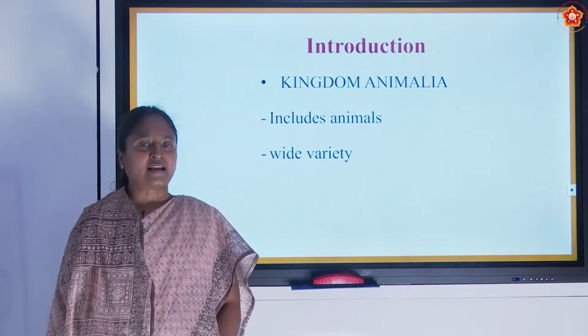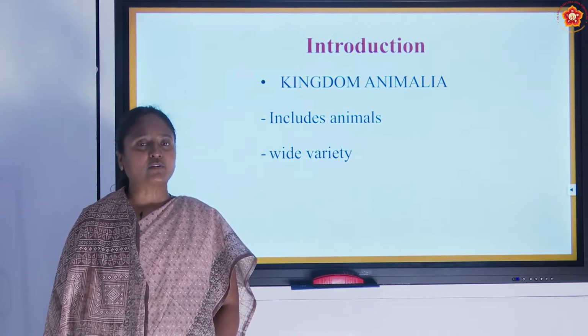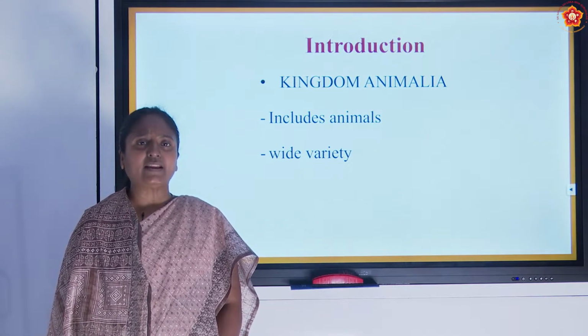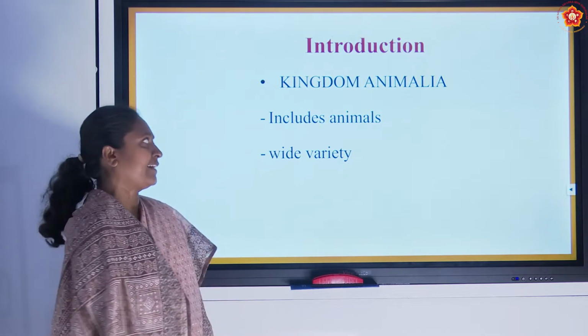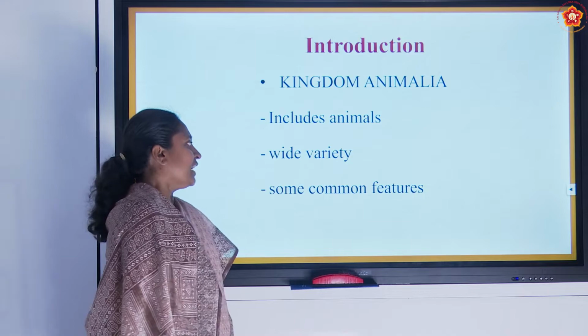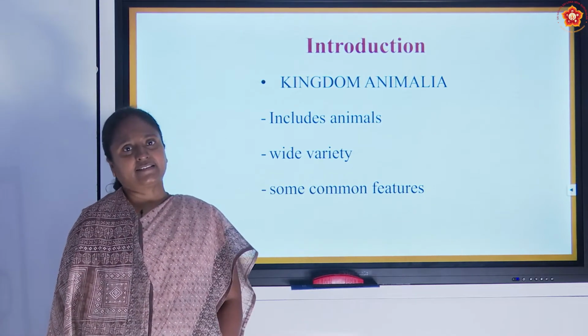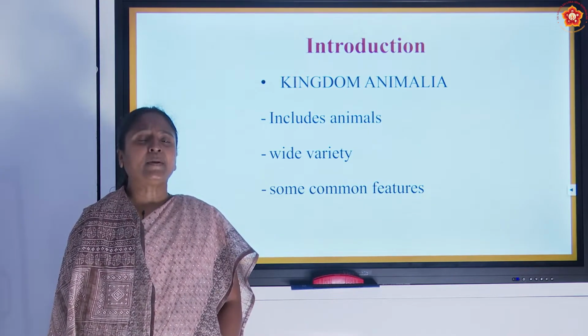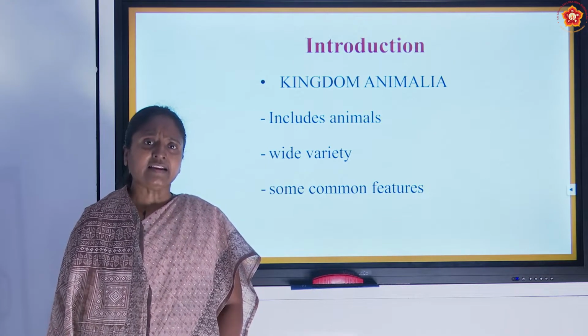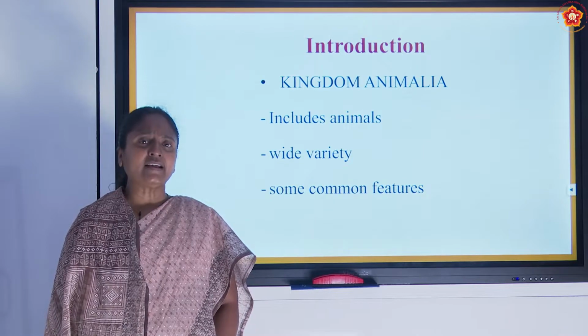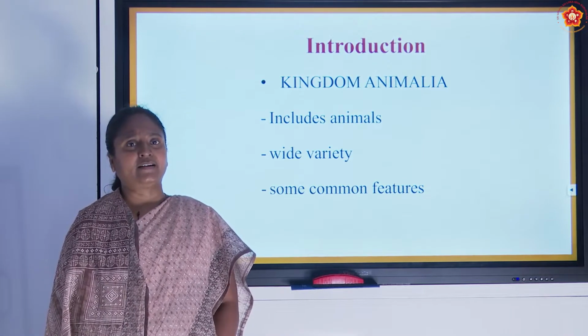In this kingdom, it is very difficult to classify, as there are so many organisms. Each and every organism has to be classified. And how are they doing this classification? When we are comparing, some of the similarities present between the organisms are taken into consideration. Based on that, the organisms are classified.